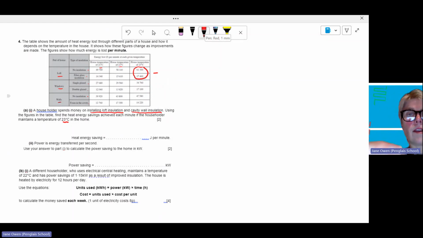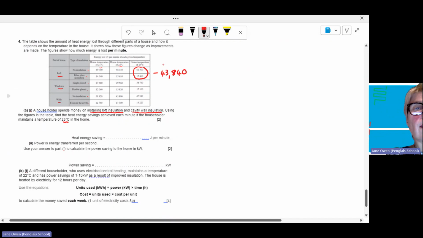61,300 taken away 17,460 is 43,840. And that is the amount of energy saved by putting loft insulation in. Now we can do exactly the same for cavity wall insulation for a house of 23 degrees.